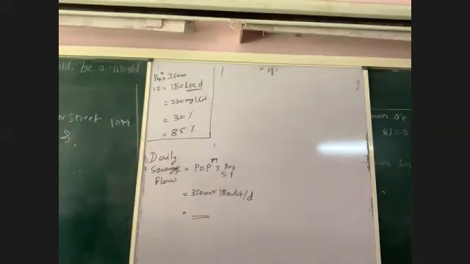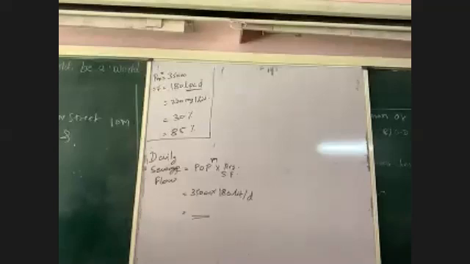Daily sewage flow is 6.3 into 10⁶ liter per day. One second, 35,000 is your population.